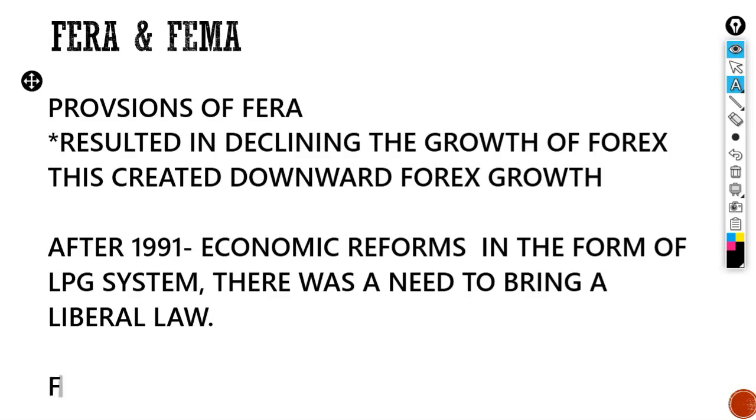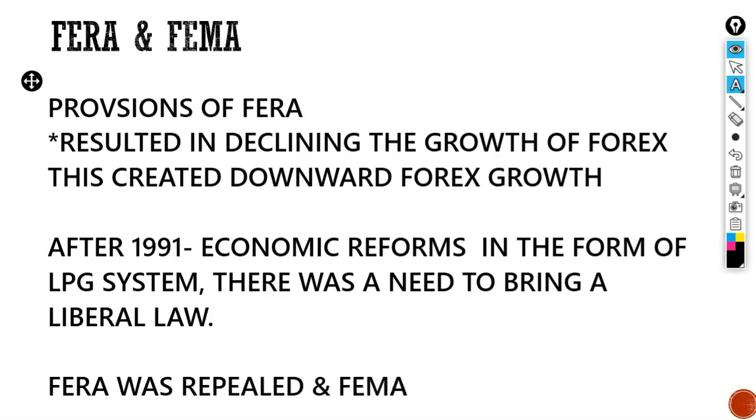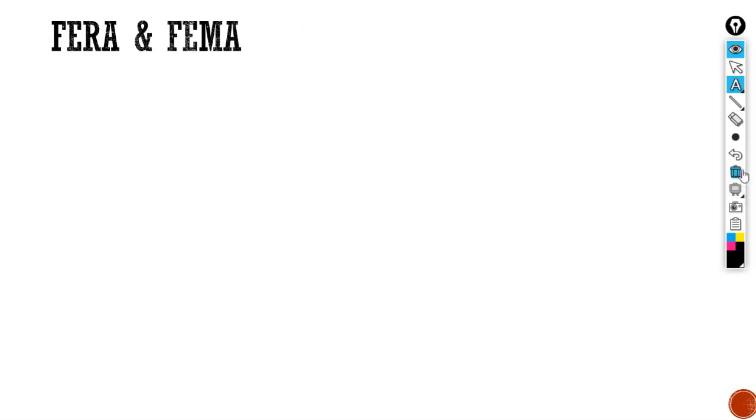So FERA was repealed and FEMA came into existence. Now, what is FEMA?